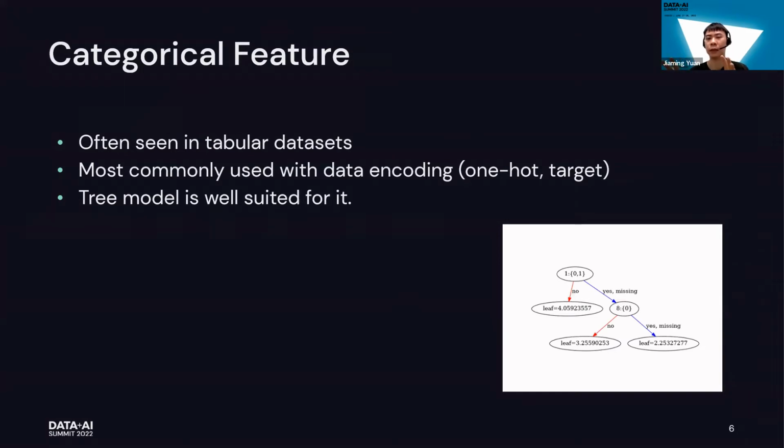With that decision tree, we can ask it to split the nodes in a way that, for example, we can ask it to put certain categories to the right branch and the rest of the categories to the left branch. In this way, we can build a complete decision tree using only categorical features. And also, we can mix it with other types of feature like numerical feature.